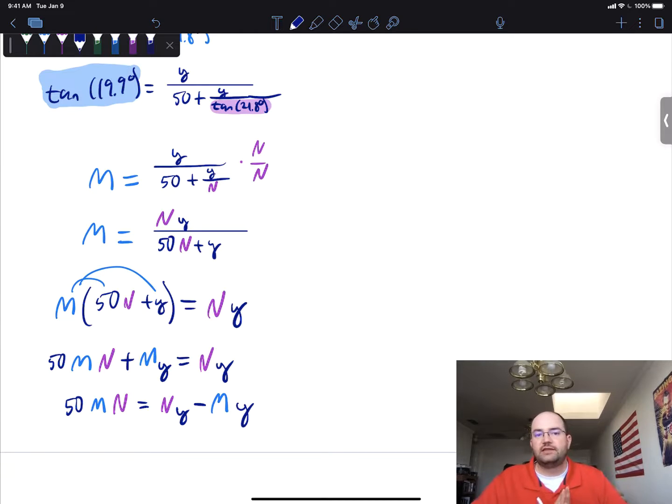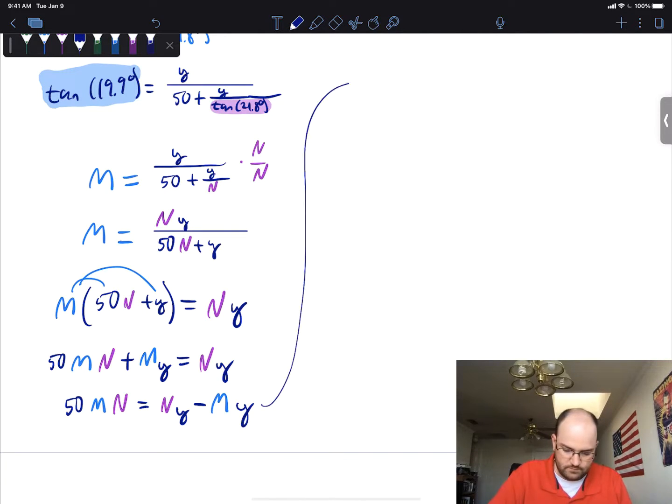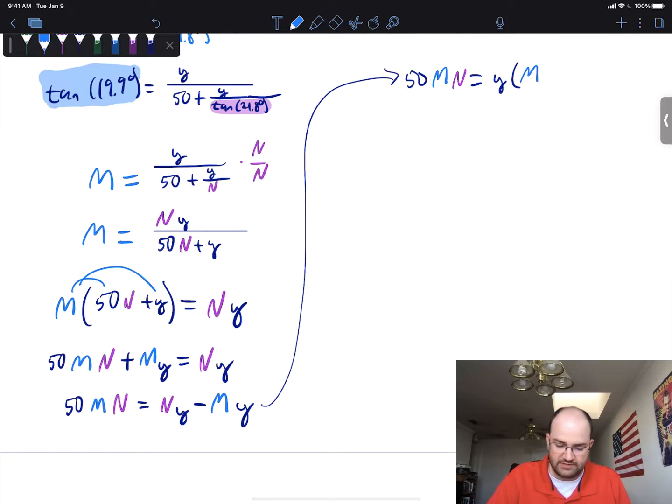Now notice that what we've done here is we've got the y's on the right-hand side, but on the right-hand side, there's a common factor of y. So I'm going to factor that out. We have the 50MN is equal to y times what's left over when I factor that out, which is M minus N.